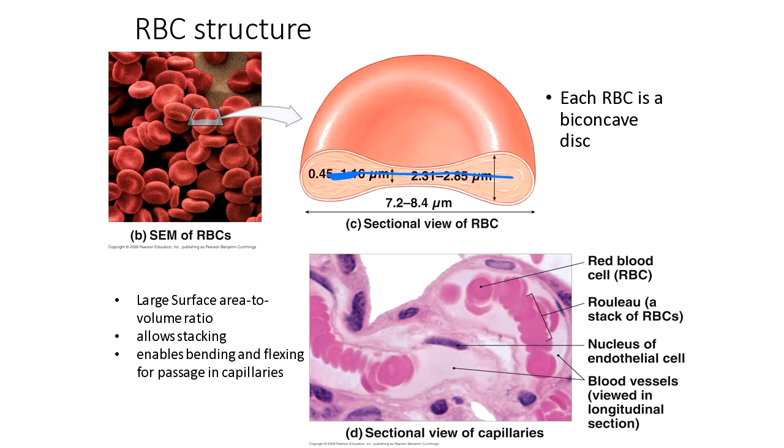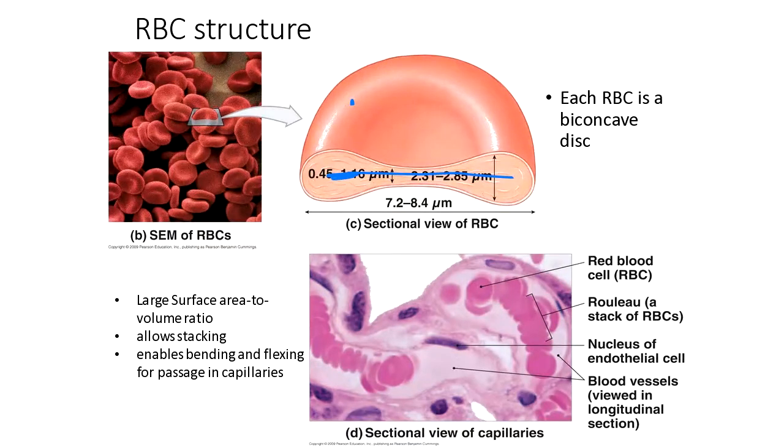So if I'm right in the middle over here, I'm still pretty close to the surface area of the membrane above me, to the side of me, below me, and that gives me a large surface area to volume ratio. And that's an important advantage because if oxygen is coming and diffusing into the cell across the membrane, that means oxygen molecules will very quickly come into contact with proteins throughout the cytoplasm and get bound up by those hemoglobin proteins.